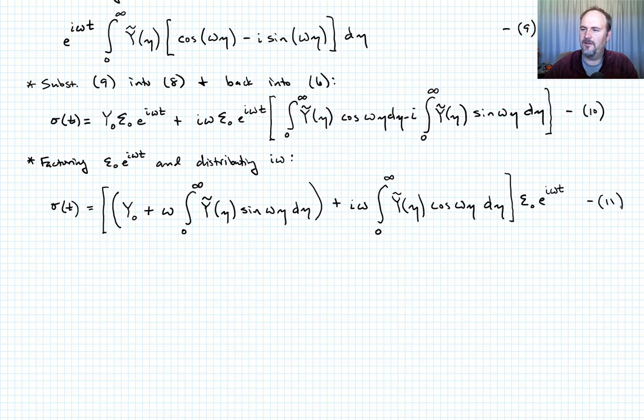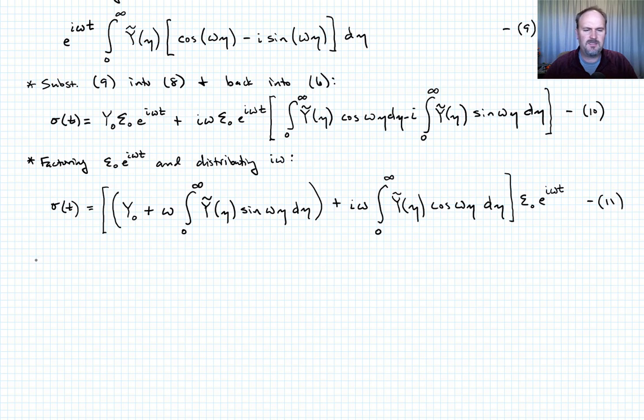Call that equation 11. Okay, so we're getting close now. We have basically what we want. We have this of a form: some complex quantity times E naught e to the i omega t. So this complex quantity must be the complex modulus y star of i omega.